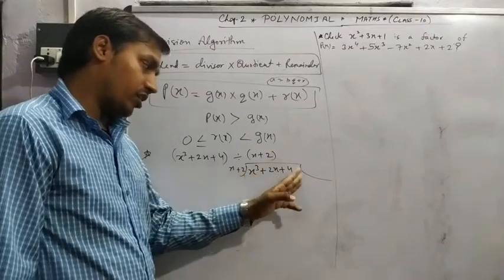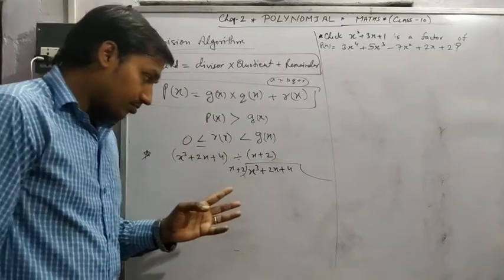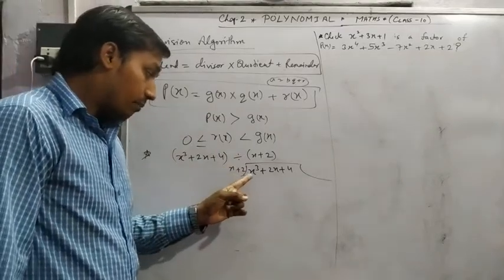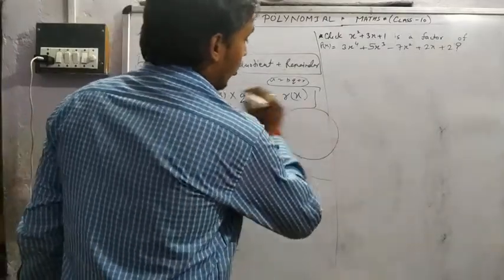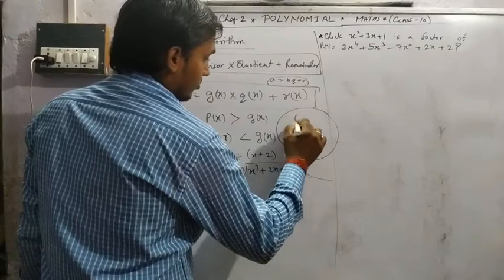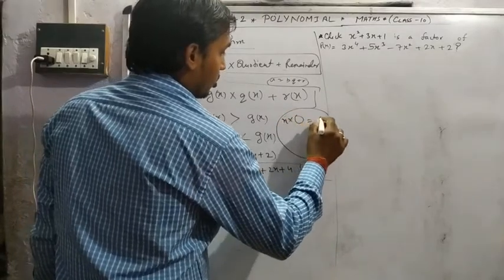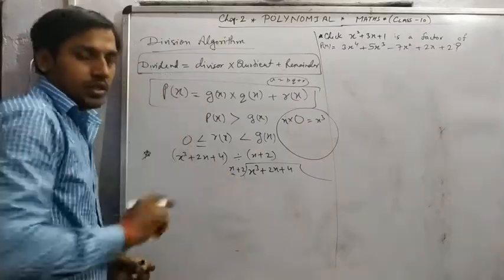Degree 3, degree 1, degree 0 for the dividend, and degree 1, degree 0 for the divisor. Then the maximum power is x cube. So what do you multiply by x to get x cube?